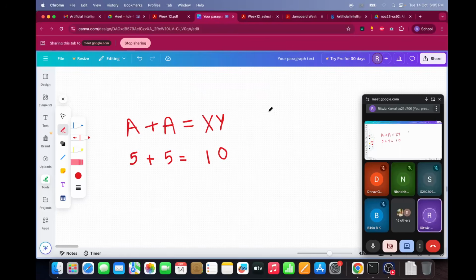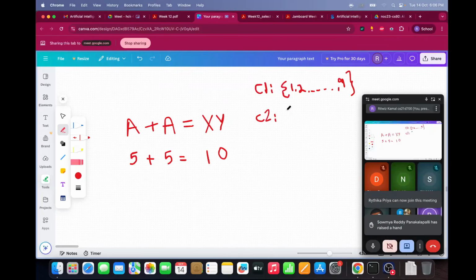But let's say I add one more constraint. One constraint C1 that was given to you was that you must assign these numbers, so the domain of each of these alphabets should be from 1 to 9. Second constraint is that the solution or the equation should still remain valid.